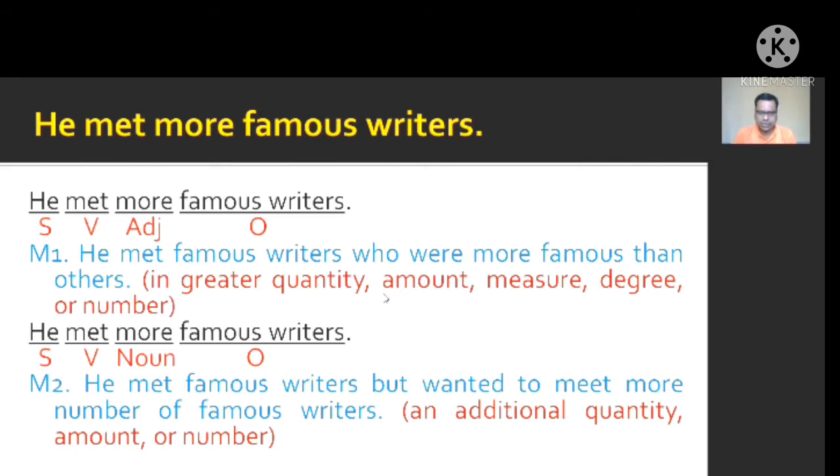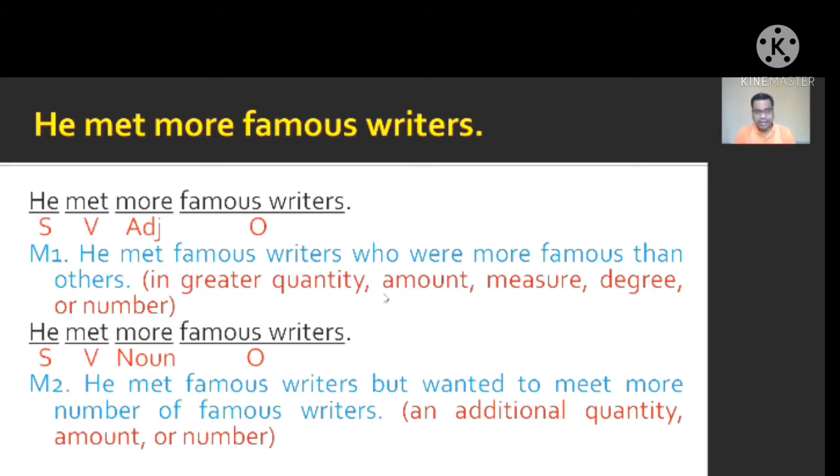Now you see what is the possible meaning of this particular one. He met famous writers, but wanted to meet more number of famous writers. It means more has been taken into consideration here in order to count the quantity, in order to count the numbers.